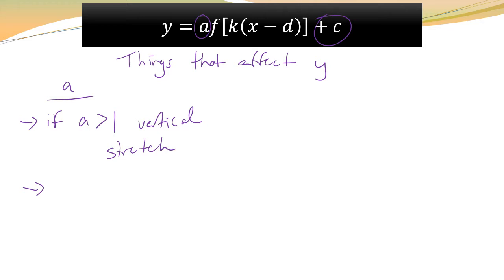So it's the opposite of K. If A is a decimal or fraction between 0 and 1, so 0 is less than A is less than 1, it's a vertical compression.